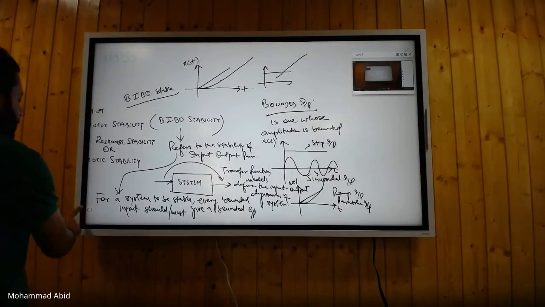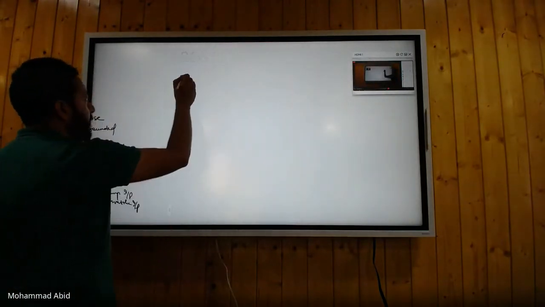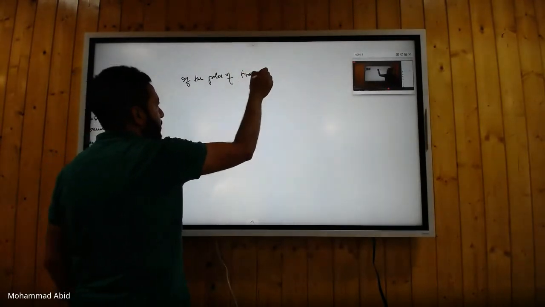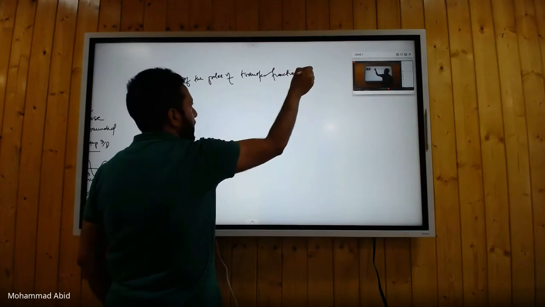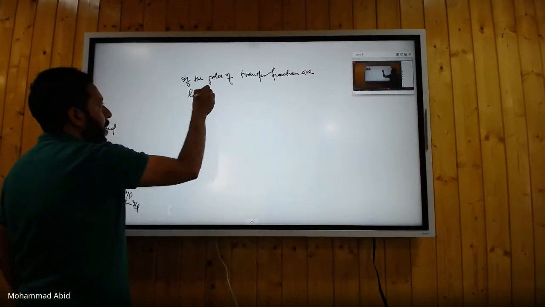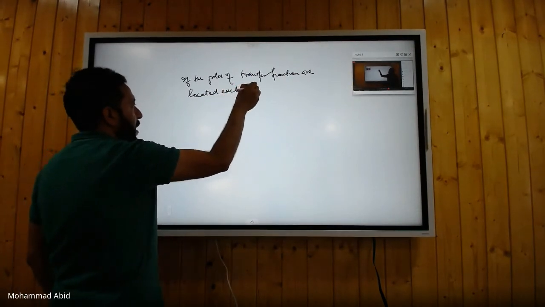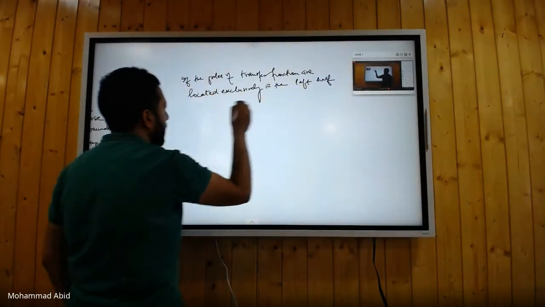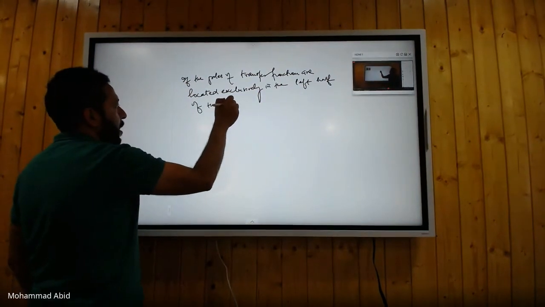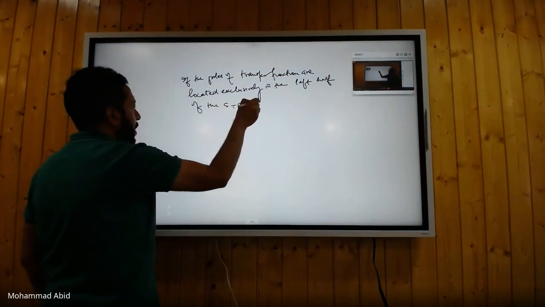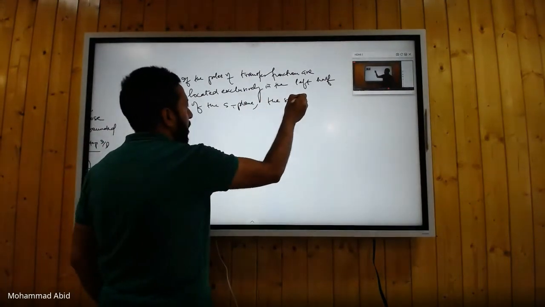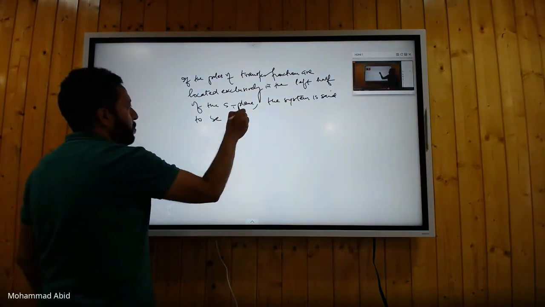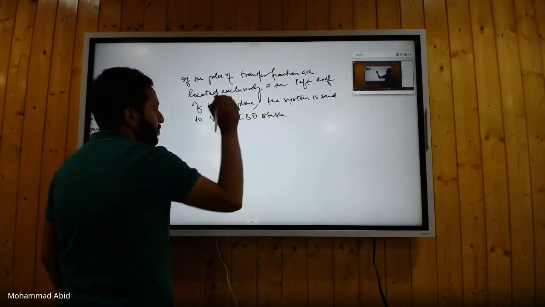If the poles of the transfer function are located exclusively in the left half of the S-plane, the system is said to be BIBO stable. Is that clear?